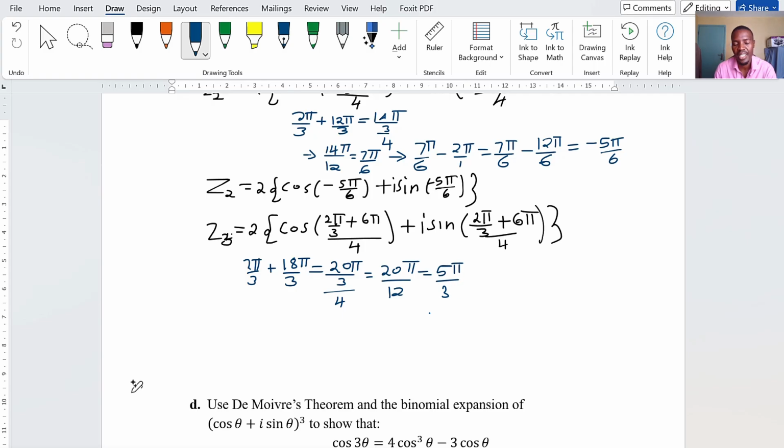Again, this is greater than pi because it's 5 over 3. So when you want to reduce this, again, you subtract 2 pi. So 5 over 3 minus 2 pi, where 2 pi is the same as 6 pi over 3. Remember, this is just 2 pi. You are subtracting.